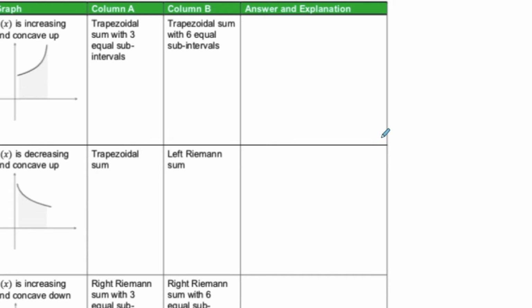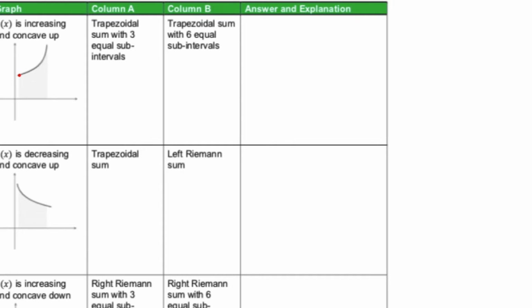If it's an underestimate, then B is correct. If it's an overestimate, then A is correct, because there are fewer subintervals, so it's going to have more of whatever it is, an over or an under. So we need to identify what's going on here.